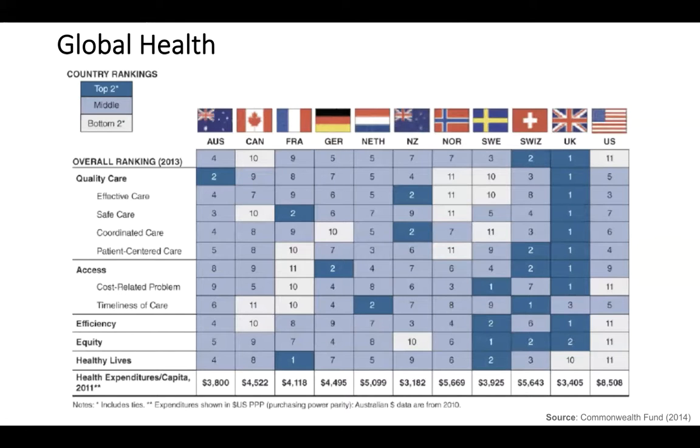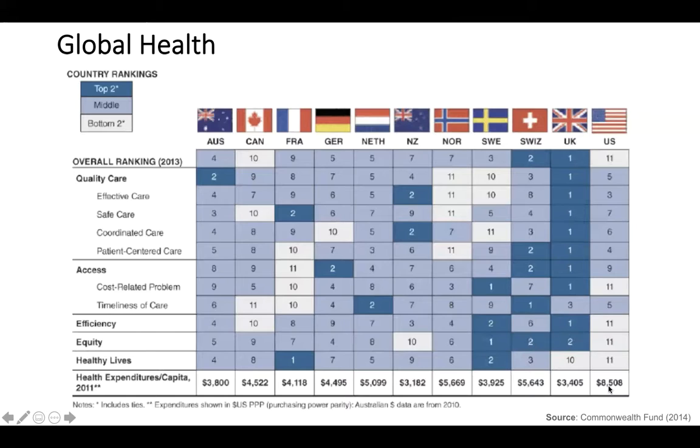And for the US, the cost is definitely an important factor. The US has the highest cost among all the nations. As you can see here, this is based on the data from 2011. Based on the data of 2011, the healthcare cost per year per person is about 8,000.